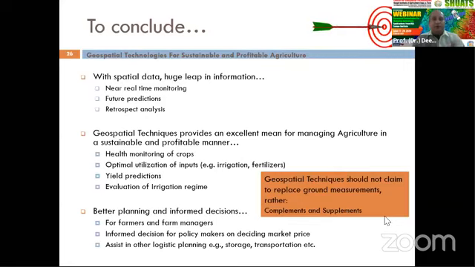We cannot say that we have validated remote sensing and GIS techniques, because what we are getting in a satellite image is hundreds, thousands, millions of pixels, small divisions. There is no way, until and unless we have good ground-based data which are representative of real conditions in the field.